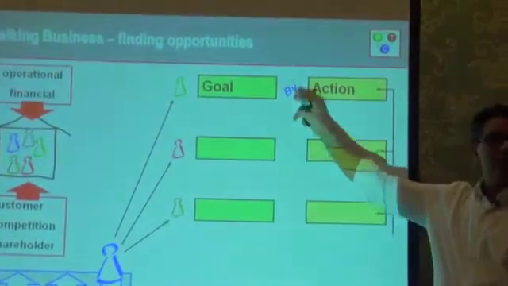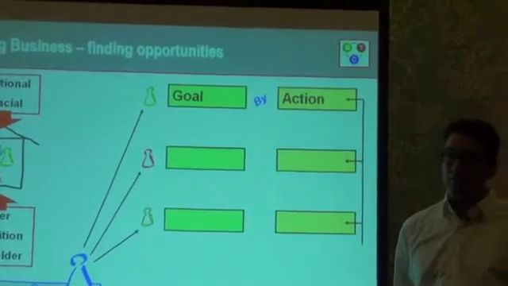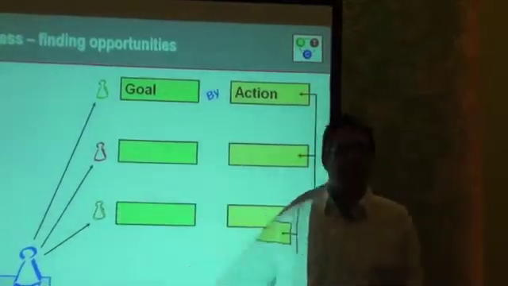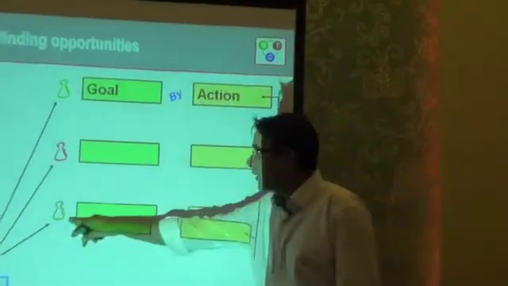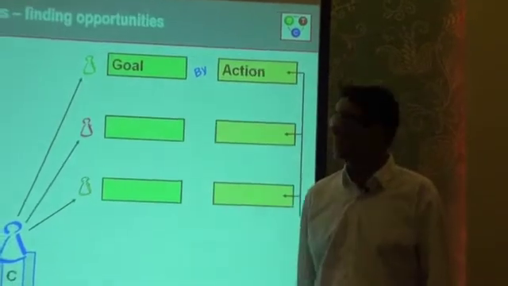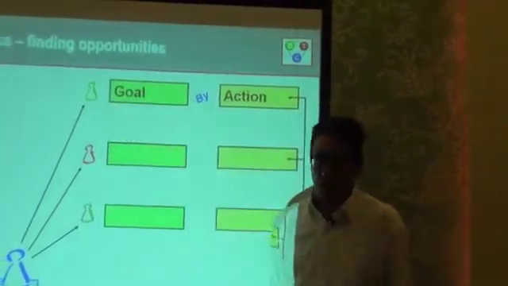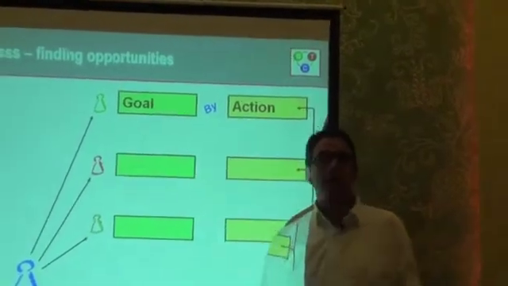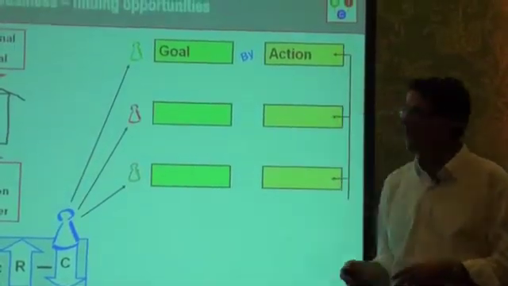These are the goals, and these are the actions and the way that they want to achieve the goals. Yeah? So these are different department leaders. For the purpose of the exercise, this will be our human resources department, this will be our sales department, this will be manufacturing. Yeah? So they produce the products, they sell them, and they do HR.